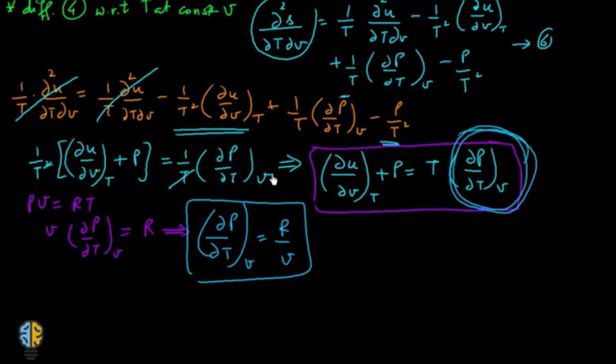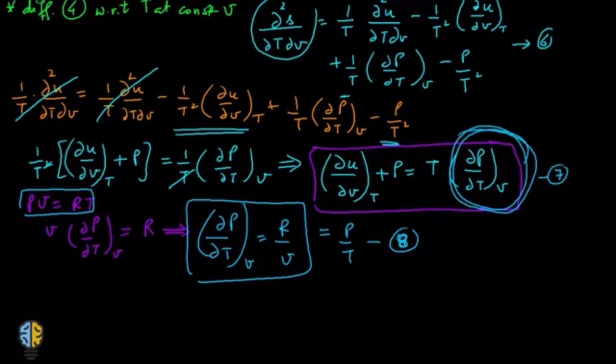Alright, and from this particular equation, that is the equation of state, R upon V can be written as P upon T. Okay, so let us say this is equation number 7. Okay, now let's compare. So first of all let me give it a number 8 and this as equation number 7.